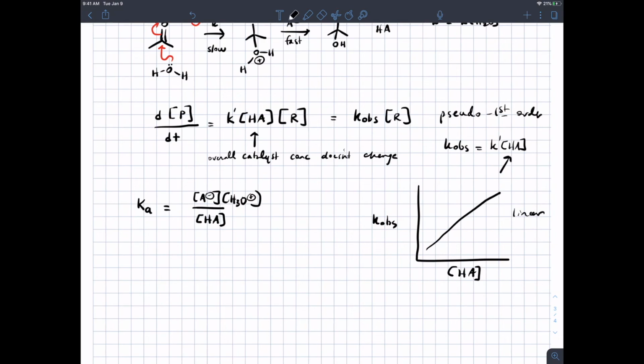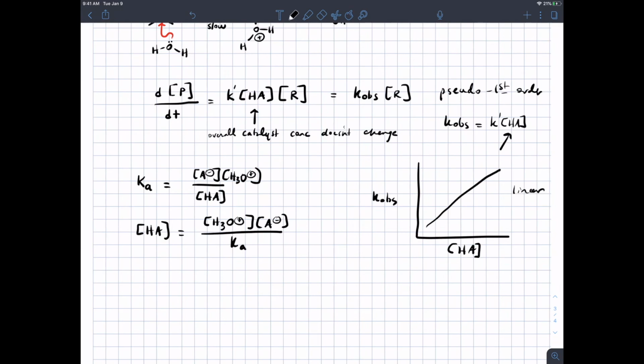So we could substitute out for HA the following expression, H3O+ times A- divided by Ka. And in that case, if we put that back in, k obs in our expression here would be equal to the rate constant times H3O+ times A- divided by Ka of the acid HA.